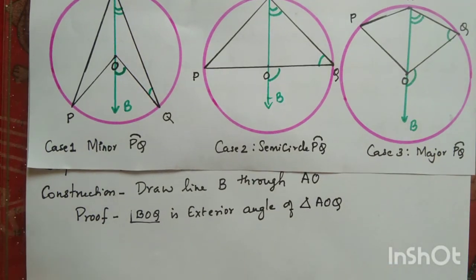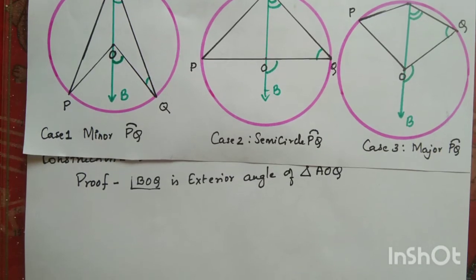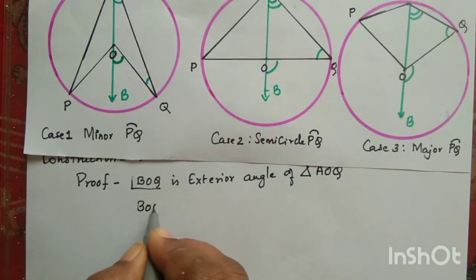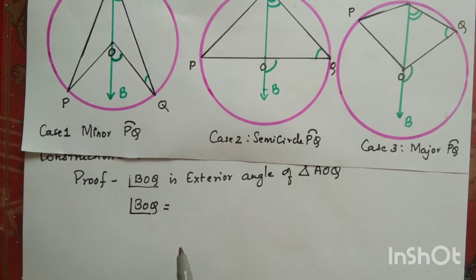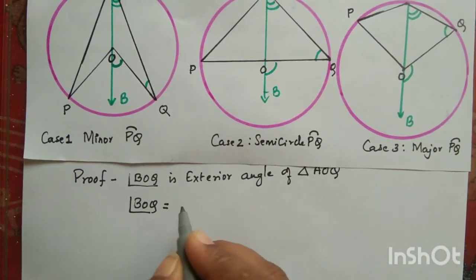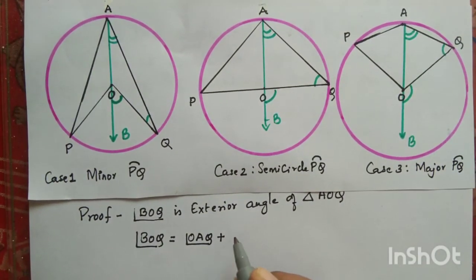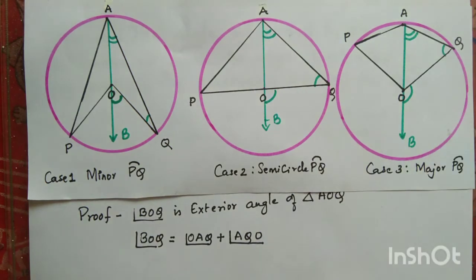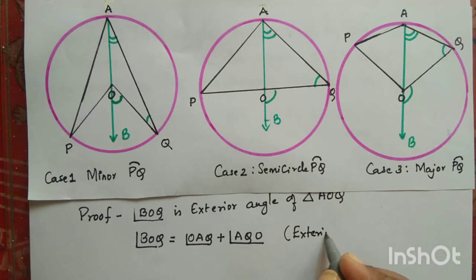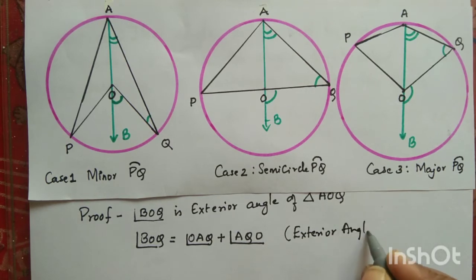So now when you consider this as the exterior angle, you can write BOQ is equal to the sum of the interior opposite angles, that is angle OAQ plus angle AQO. It's going to be the same for all the three. And you can write the reason as exterior angle property.